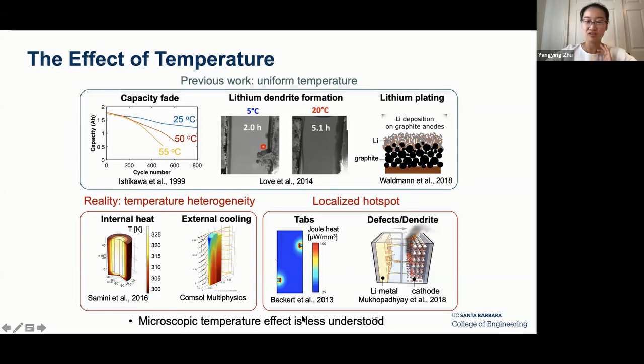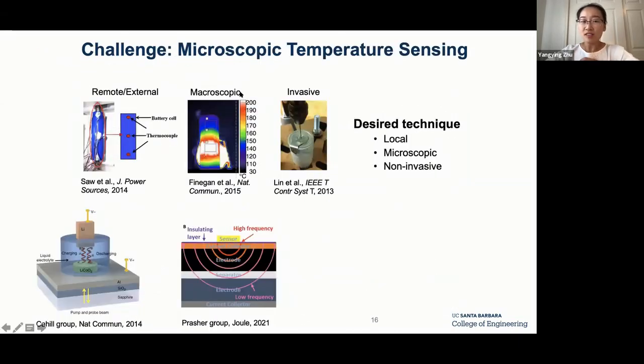That's less understood, and the challenge is that it's not easy to measure the temperature of batteries, especially at the microscopic level, right? Conventionally, you can use thermocouples to measure the external surface of batteries, but that doesn't tell you what's happening at the electrode level inside the battery.